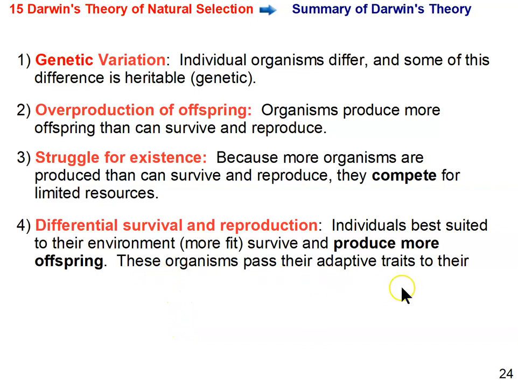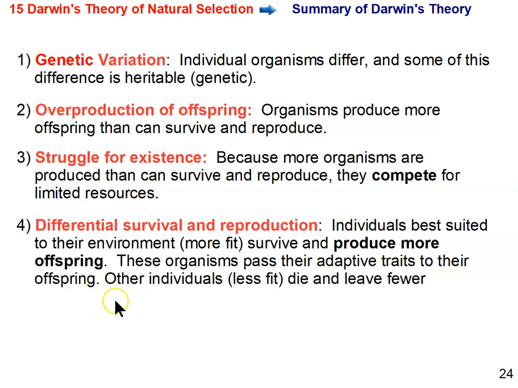So these organisms pass their adaptive traits. Those are adaptations, right? They pass their adaptive traits to their offspring. Other individuals, less fit, die and leave fewer offspring. So they don't pass on as many of their traits to the next generation because they're less fit.